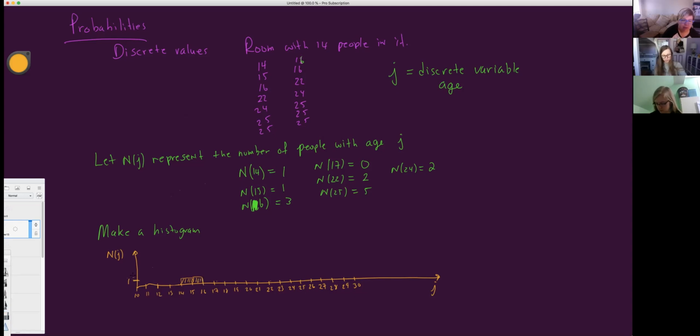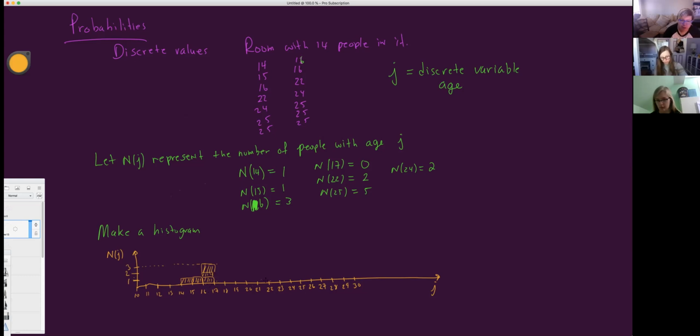16-year-olds, I have 3, so I've got to make my bar go 2, 3. See how high that is. And that's going to have 3 little boxes, right? There's 1 16-year-old, 2 16-year-olds, and I did not do a good job of making these the same height, but they should be the same height, right? Okay, 3 16-year-olds, no 17-year-olds.